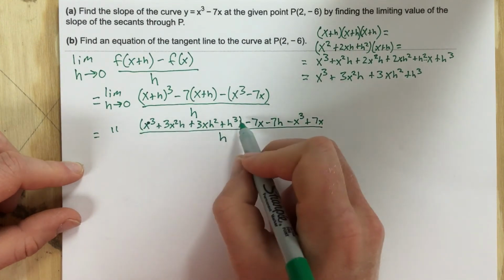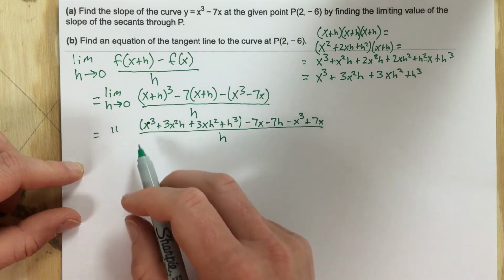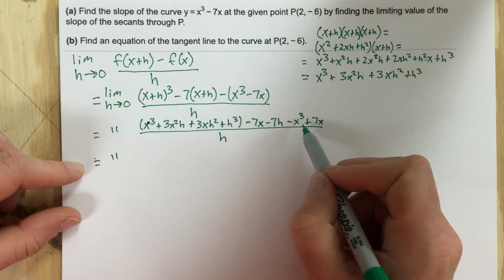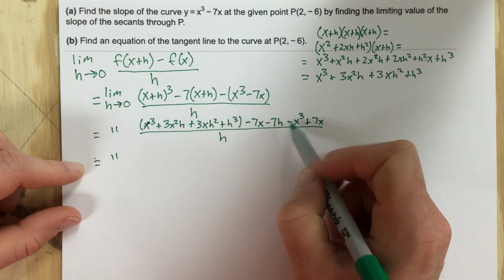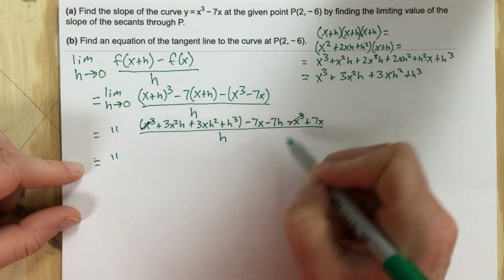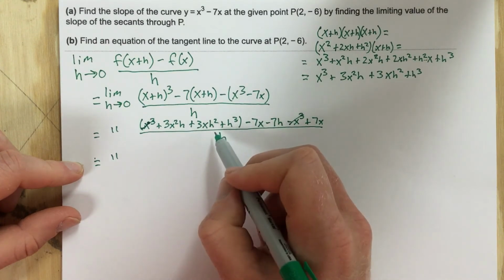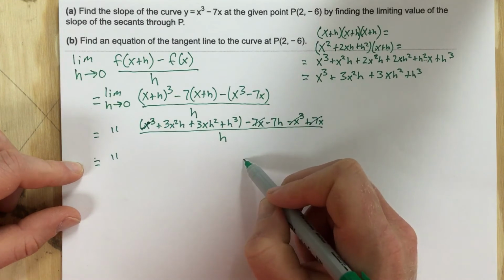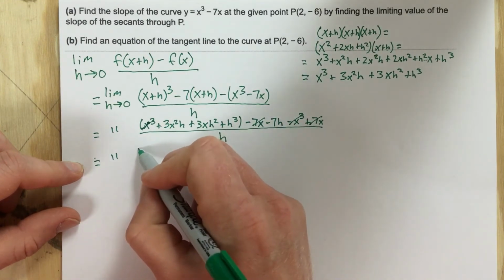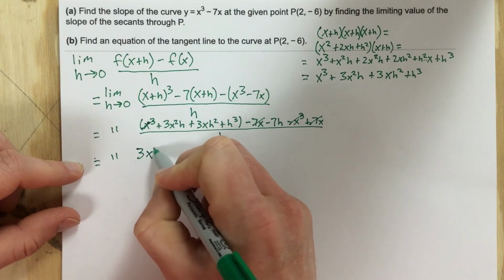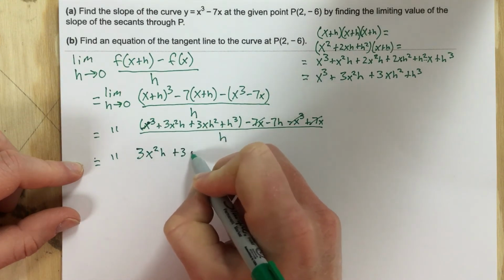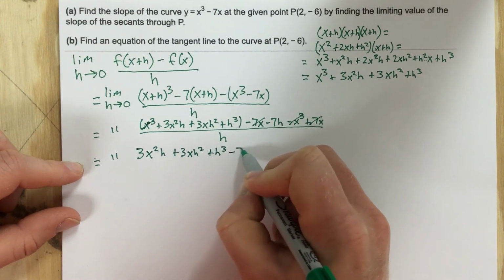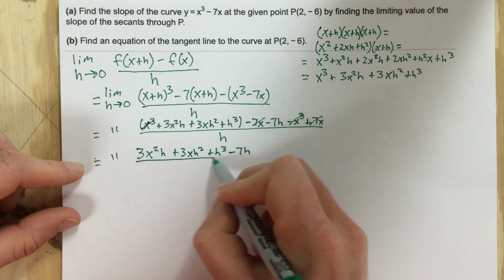Now technically I don't need these parentheses, so I'm going to cancel these parentheses out, and at the same time I'm going to start canceling some stuff. So x cubed can cancel with negative x cubed. Negative 7x and 7x cancel. We end up with 3x squared h plus 3xh squared plus h cubed minus 7h all over h.